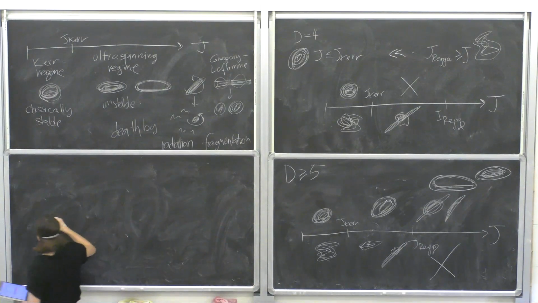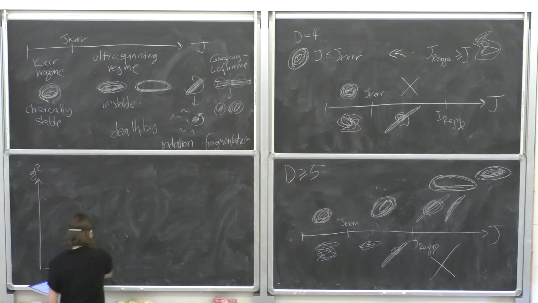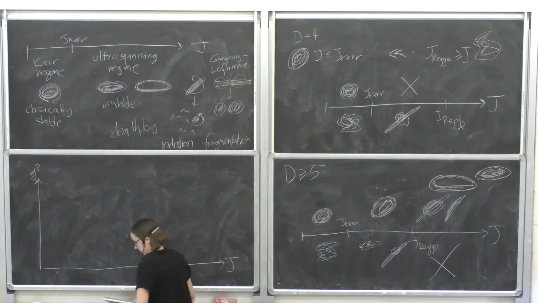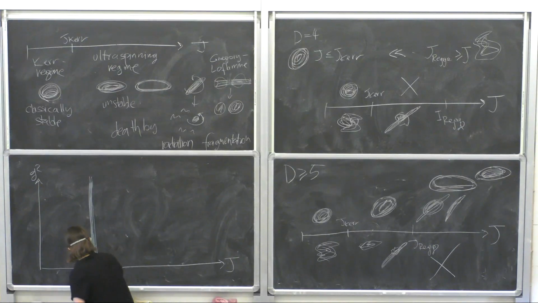So I'm going to draw the correspondence diagram. It has g squared on this axis and angular momentum on that axis. We have the correspondence point, 1 over s, or, oh, sorry, I'm drawing it upside down.